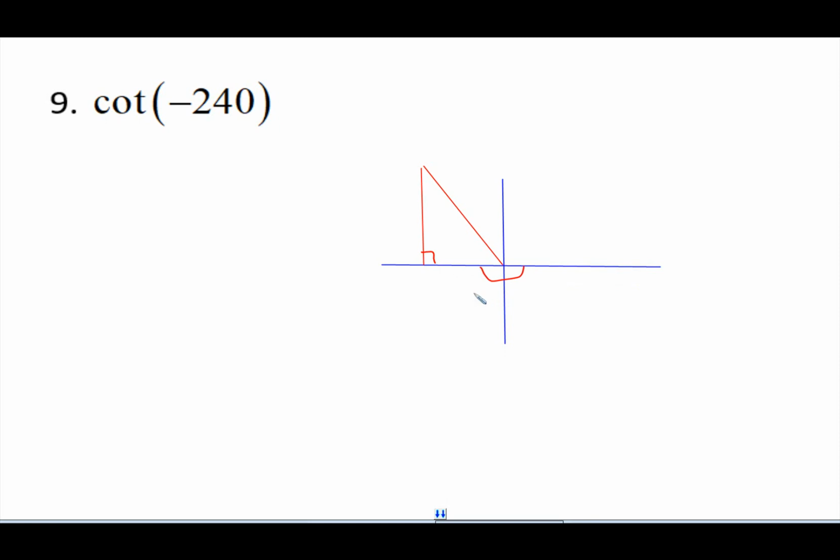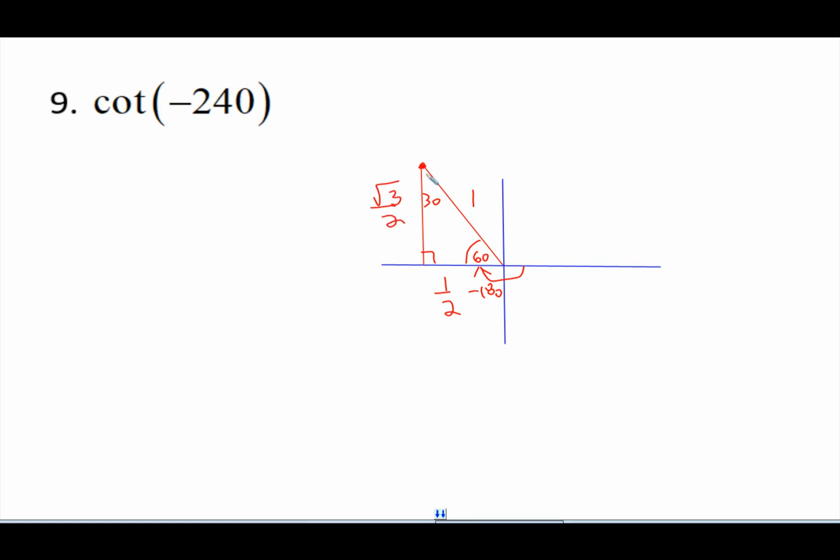If this is negative 180, we've gone another 60 to get negative 240. Our hypotenuse is 1, because that's the radius of the circle. Opposite of the 30 is going to be 1/2, and opposite of the 60 is rad 3 over 2.